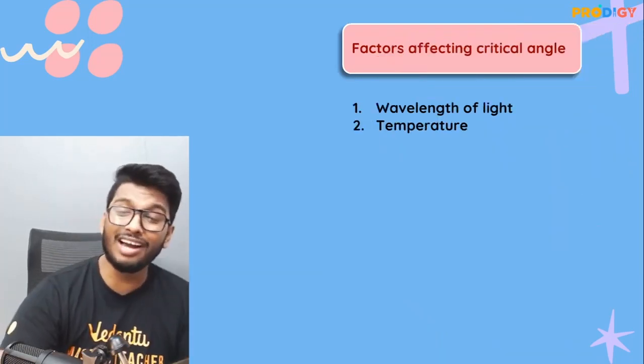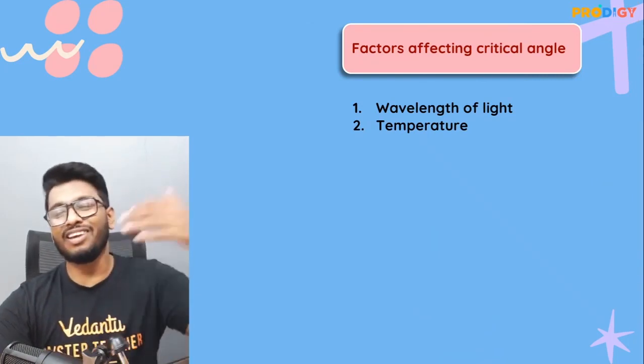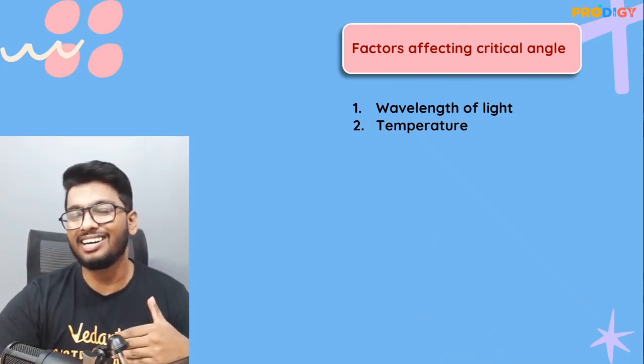And we talk about what are the factors that affect this. The first one is the wavelength of light. The more the wavelength, the greater the critical angle.